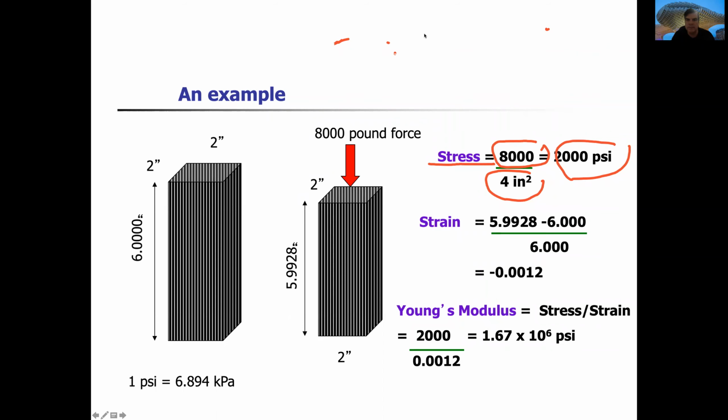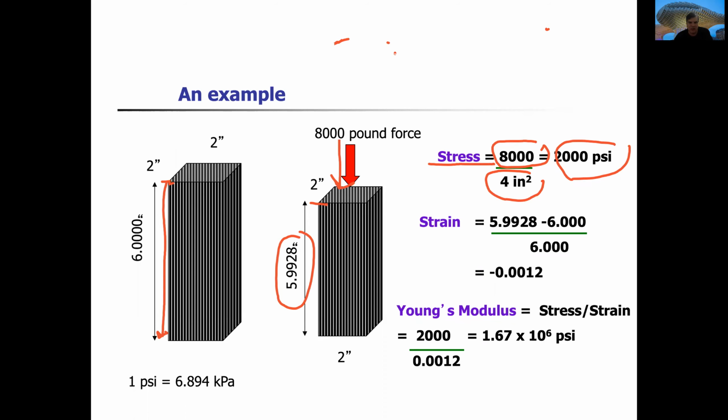One second, please. The material has a length of 6. And when we put a load, it became a little bit smaller. It became 5.99. Usually all those numbers are calculated with dimensions that are very small.